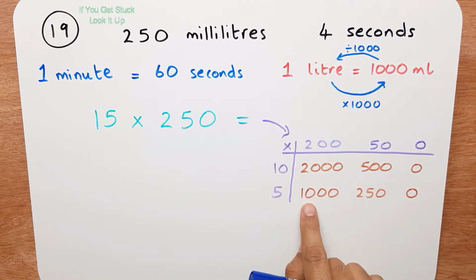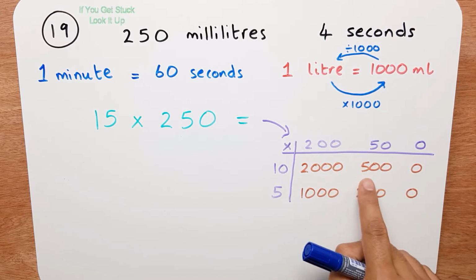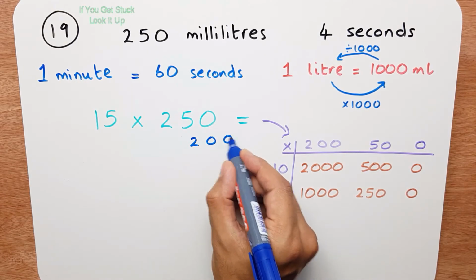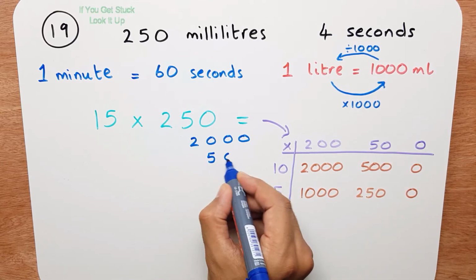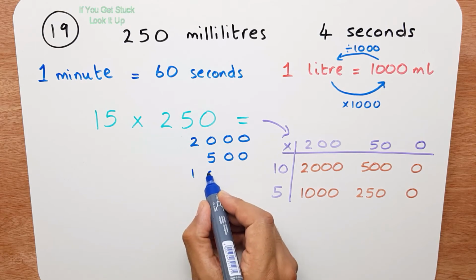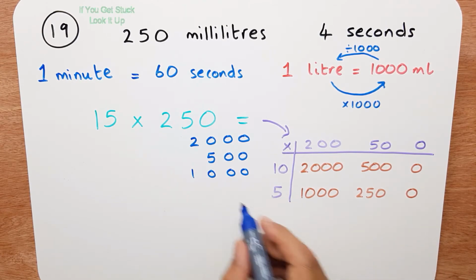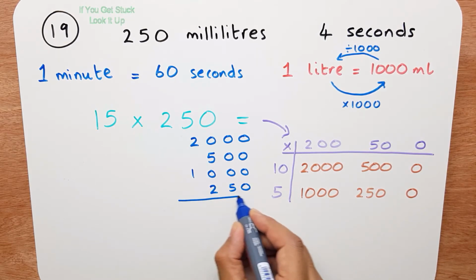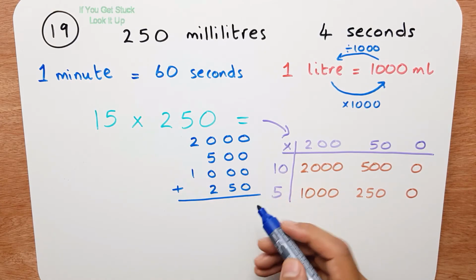My next step is to add all these numbers. I'm going to ignore these 2, so I just need to add these 4. So it's 2000. Add 500. Add 1000. Add 250. 0 add 0 add 0 add 0 is simply 0.